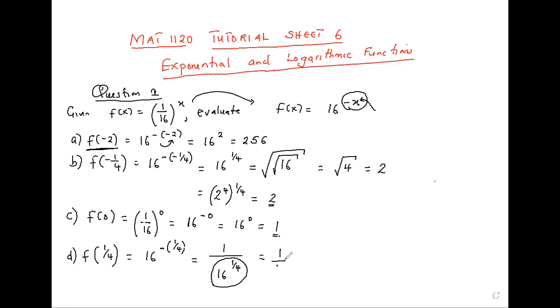So we'll have 1 over 2, an easy time there. Because we know the fourth root of 16 is 2. Here I've used the property that a to the power negative m is the same thing as 1 over a to the power m. Those properties are the ones we're using today. And that finishes the whole question 1. Very nice.